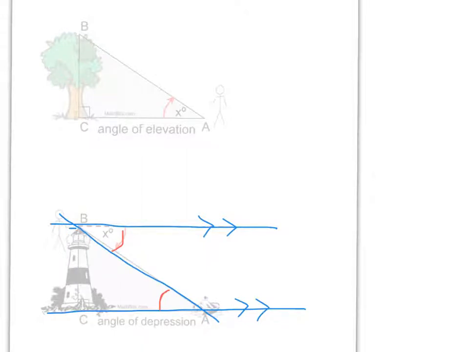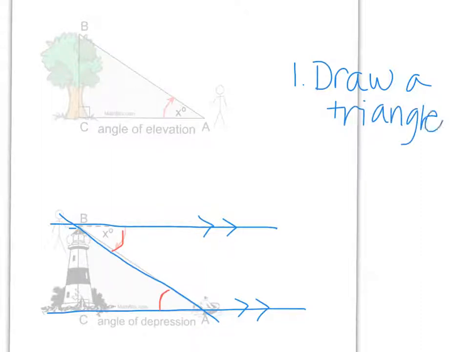Okay, so let's go through our 4 steps again. Sorry, I think we just had 3. Let's go through our 3 steps to be able to solve a trig word problem. Remember, the first step that we had was to draw a triangle. So we want to draw a triangle. Remember the second step, and these should be on the front of your notes, the second step is to label the triangle with the given information.